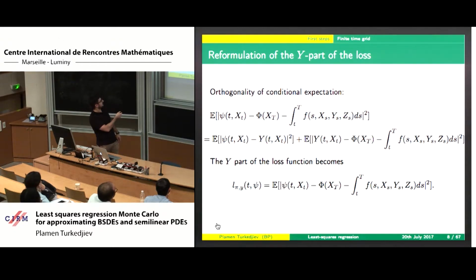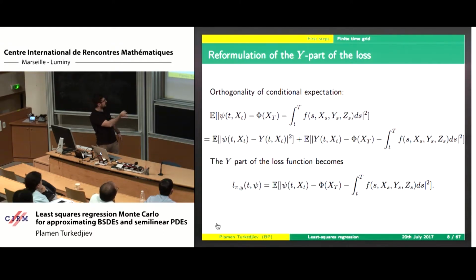So I've just added and subtracted the y term, that's the solution, and split this square difference into the difference between psi and y, where psi is the approximation I want to use and y is the true solution, plus the difference between y and the thing I'm projecting by conditional expectation. Now, the first was the thing I wanted to minimize in my loss function. The second term doesn't depend on psi at all. So minimizing this problem is exactly equivalent to minimizing the other.